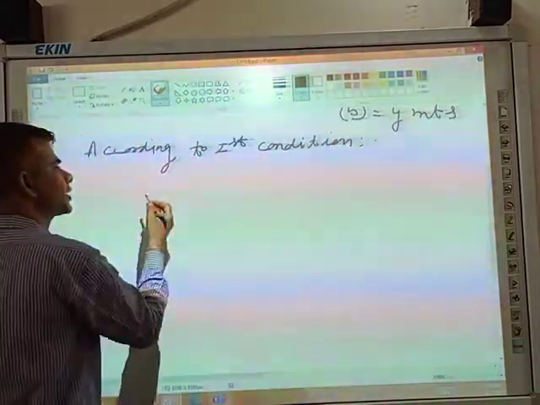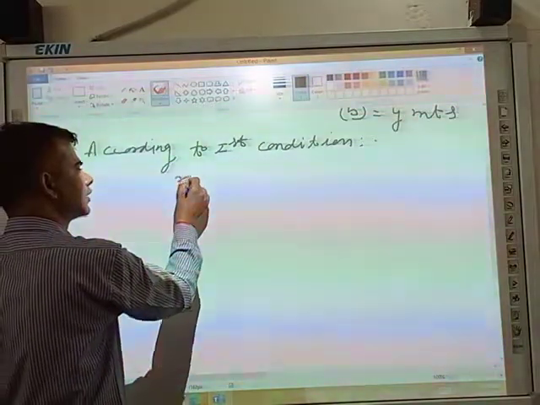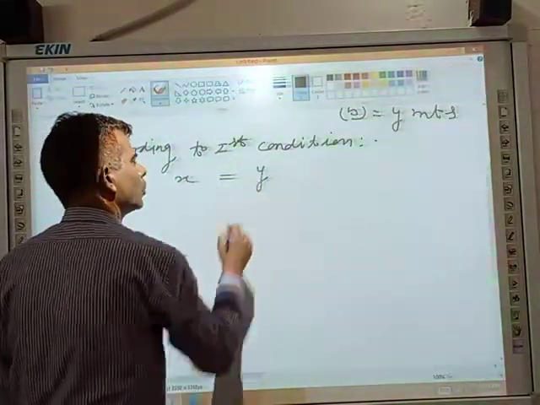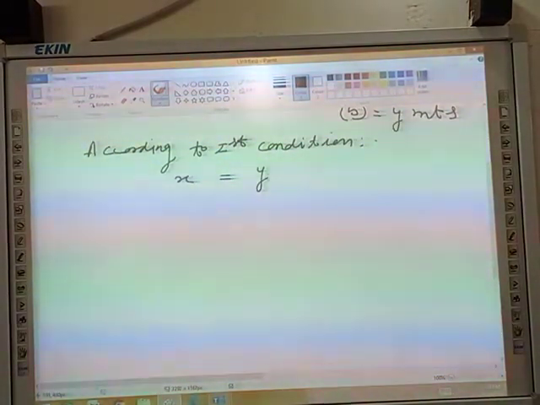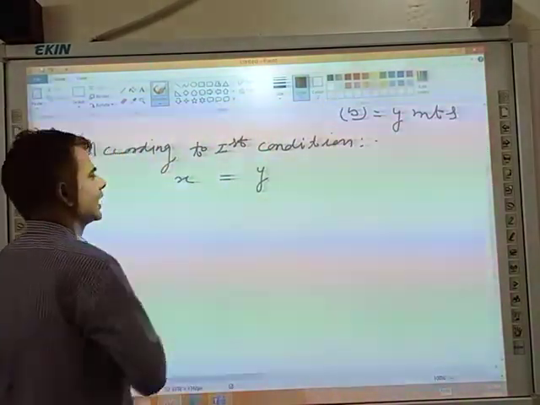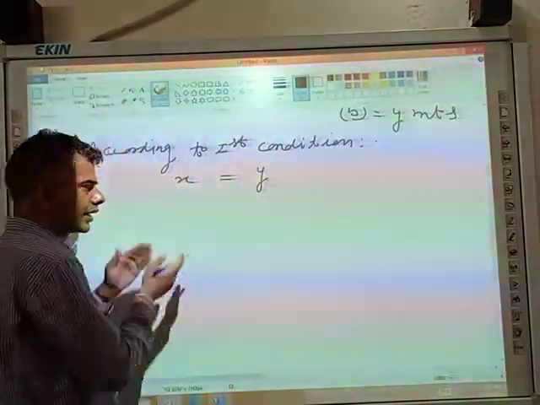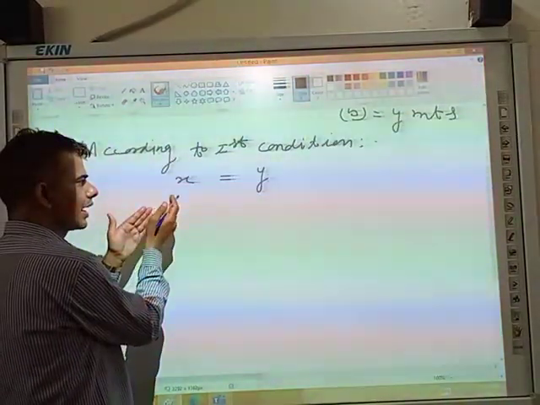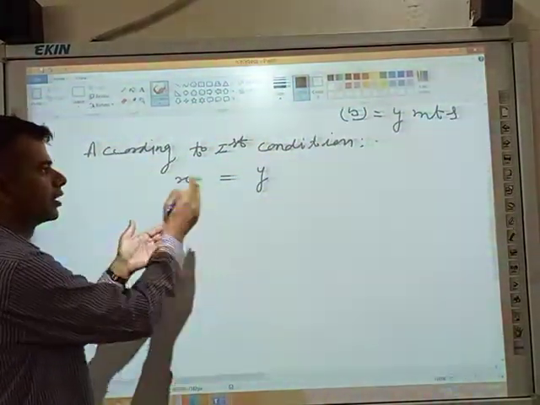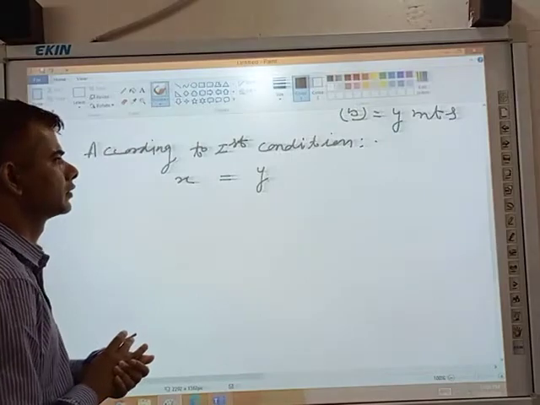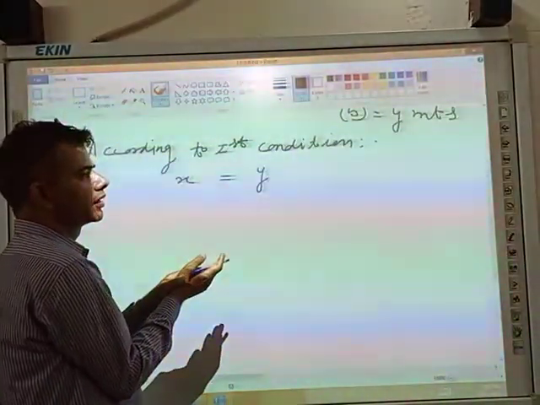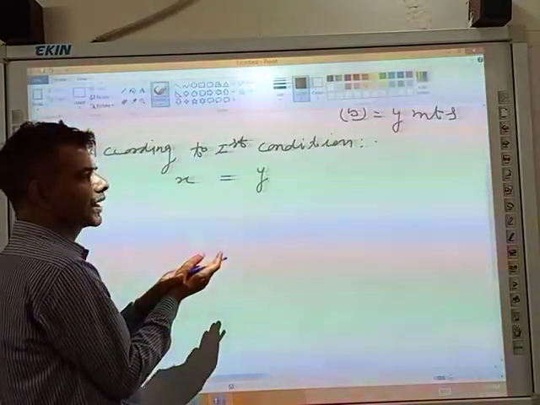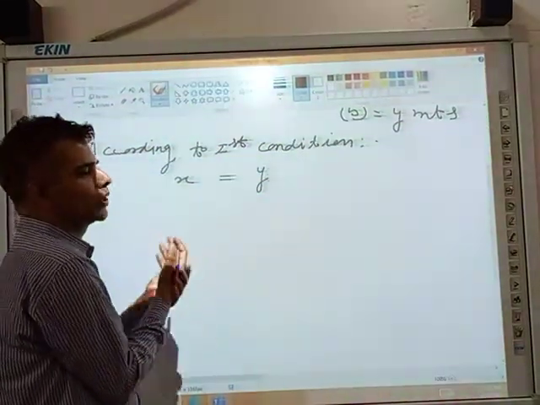Whose length is x, breadth is y. Your length x is 4 more than y. Then how can you equalize it? Students, to equalize it, what can you do?